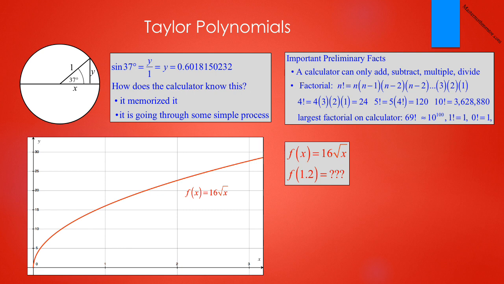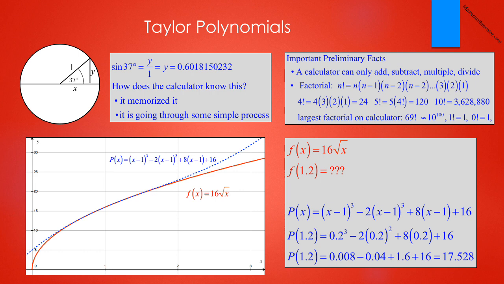Early calculators in the 70s only had the 4 functions: addition, subtraction, multiplication, and division, and cost hundreds of dollars. A square root function, when it came out, added many dollars to the price of a calculator. So it is not as far-fetched as you might think. How can we come up with a good estimate for the value of 16 times the square root of 1.2?